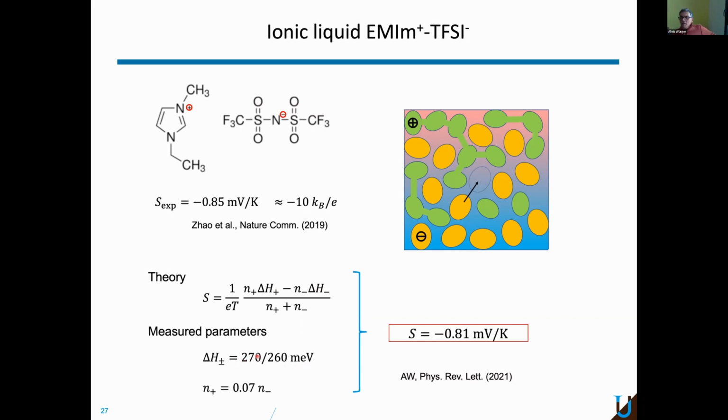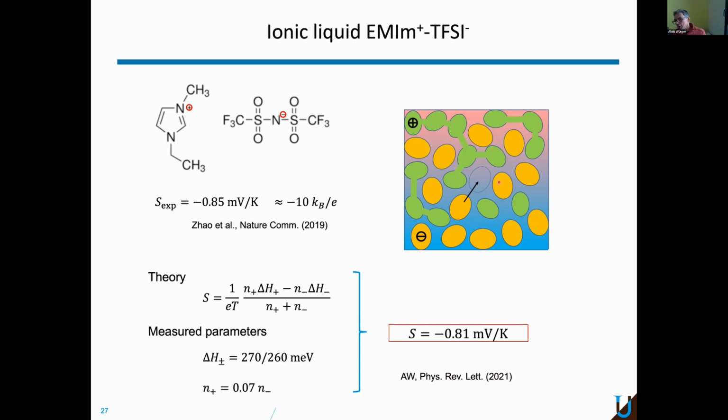Now, this ionic liquid has been well known for years to have the particularity that the cationic carriers are much fewer than the anions. The picture people have of this is that the cations aggregate. If you look at the diffusion coefficient of anions and cations, you find that the cations diffuse faster, by 50%.